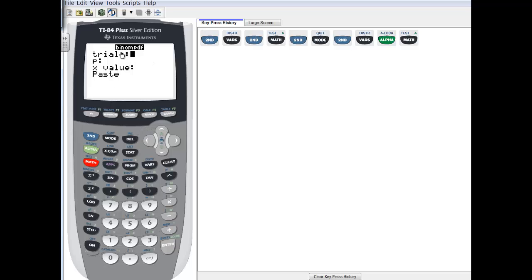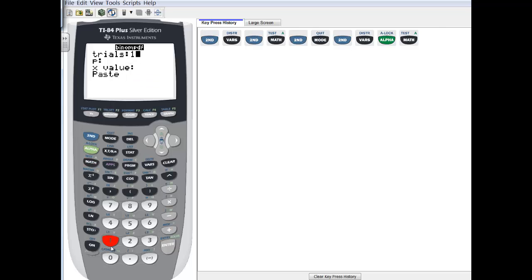On the new operating system, it will look like this, where it asks you the number of trials, the probability value, the x value. On the old operating system, you have to know to list it in the order that I write it on the slides. It'll look just like how I write it on the slides.